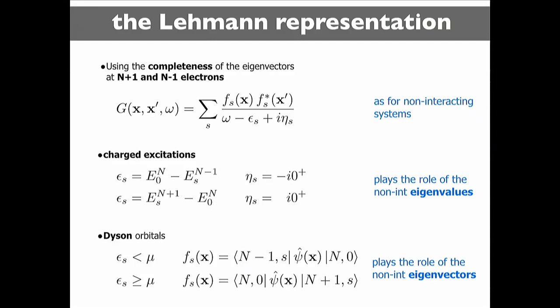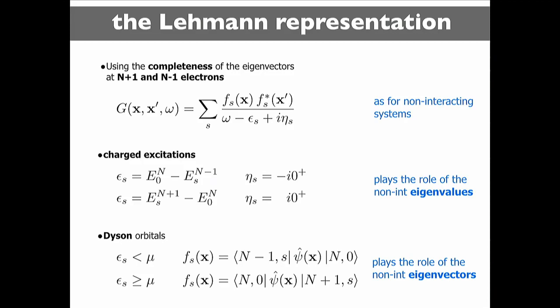And so this is for what concerns the energies, and these are the orbitals. The orbitals are just these amplitudes here: the ground state, annihilation operator, and then we take the scalar product with the excitation state at n-1, similarly for the empty states. These are called Feynman-Dyson orbitals, or also Dyson amplitudes.